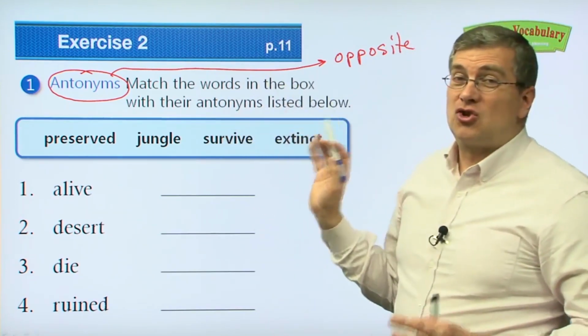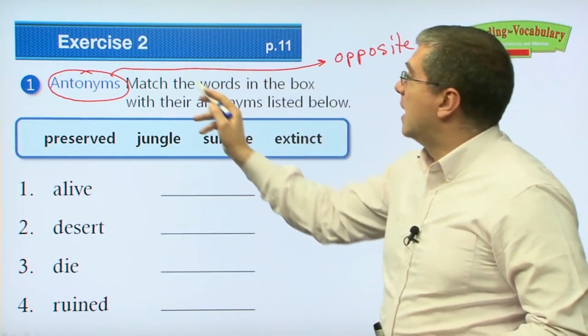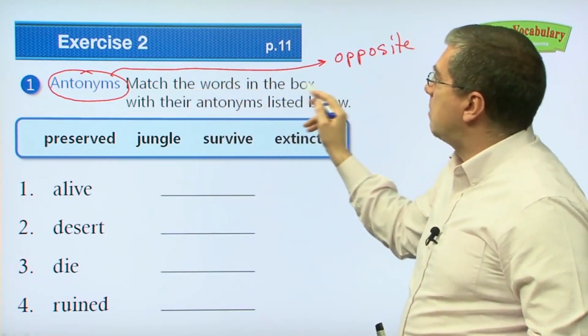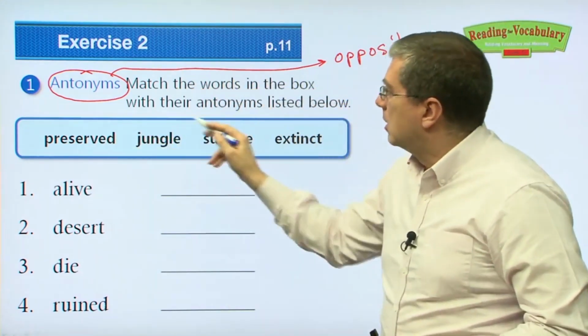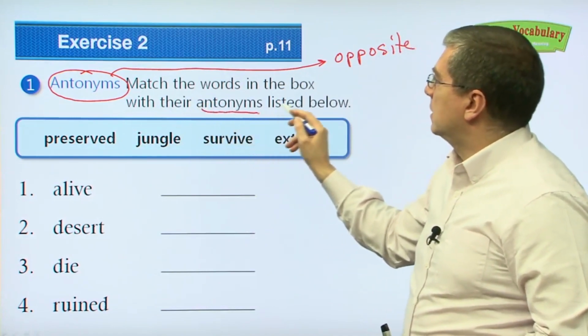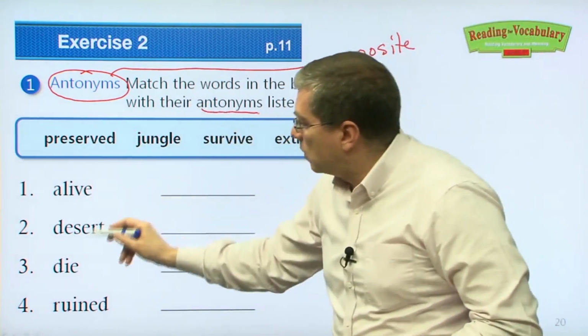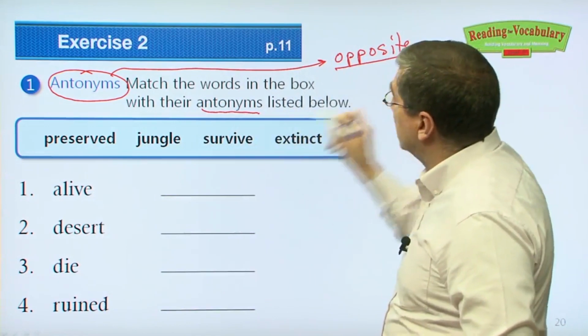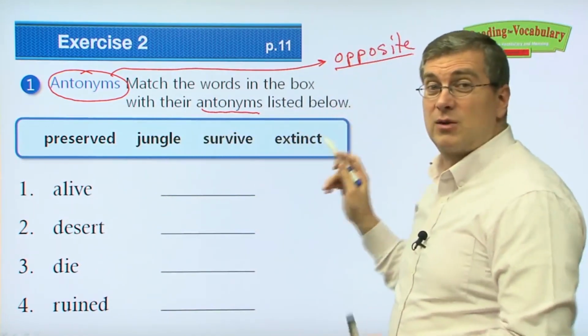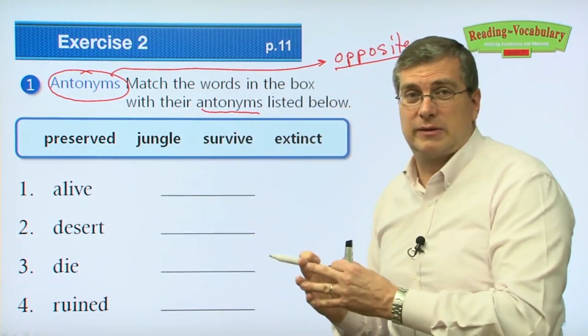So our instruction, our direction is: match the words in the box here with their antonyms listed below. So these words are the opposite of these words. That's what we have to do. We have to match the opposites, okay?